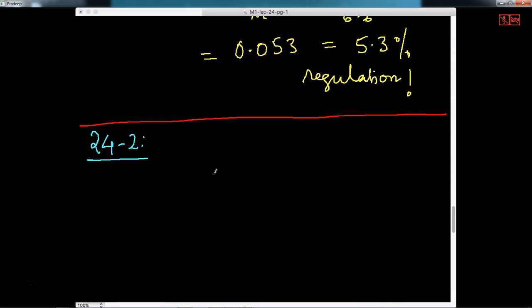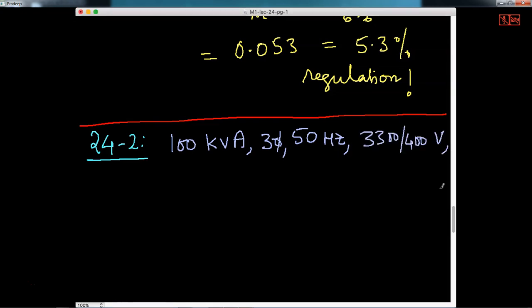A 100 kVA, 3-phase, 50 hertz, 3300 by 400 volts, delta star connected transformer.